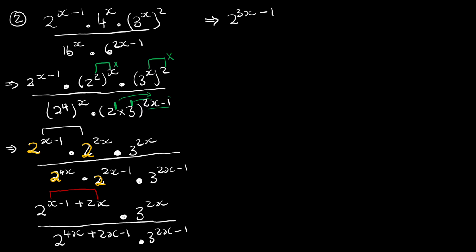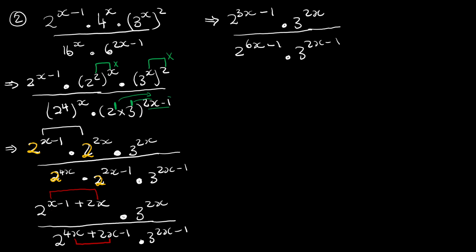So this will be minus 1 times 3 to the power 2x, divided by, let's work on the denominators. Let's add the like terms. The 4x and the 2x are the like terms. You add these two, you get 6x. So this will be 2 to the power 6x, then we still have that minus 1. So it will be 6x minus 1 times 3 to the power 2x minus 1.